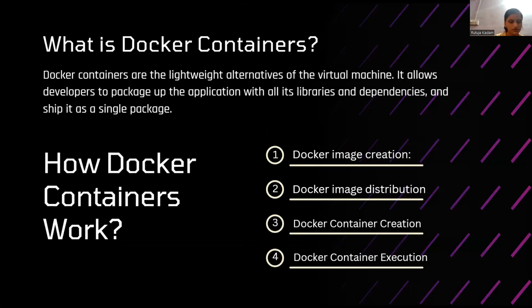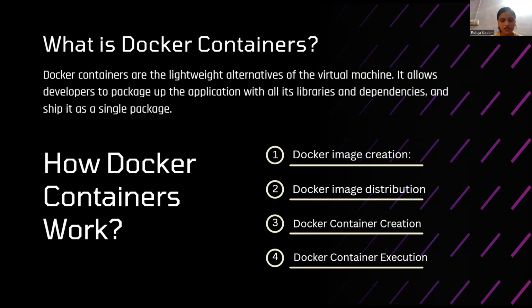So what are Docker containers? Docker containers are isolated environments that are created from Docker images. The Docker containers are lightweight and can be quickly created and destroyed. They are isolated from each other and from the host operating system, which makes them secure and portable.